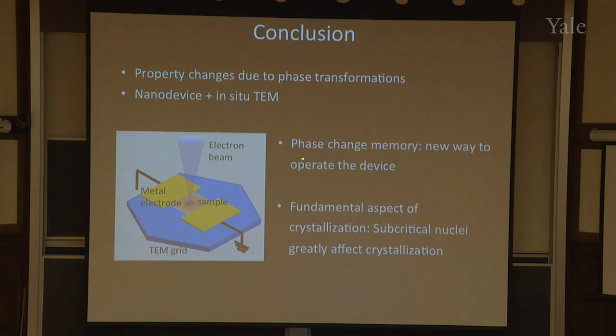We applied these principles to two cases. One was the phase change memory, where I said you should really alternate your voltage from positive to negative, so we presented a new way to operate the device. In the second part, I talked about substructures, which scientifically we call subcritical nuclei, and how these subcritical nuclei can actually affect the crystallization. So this would be the slide that I would give to my fellow scientists.